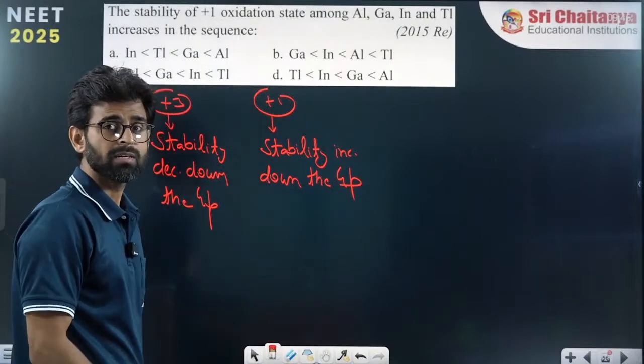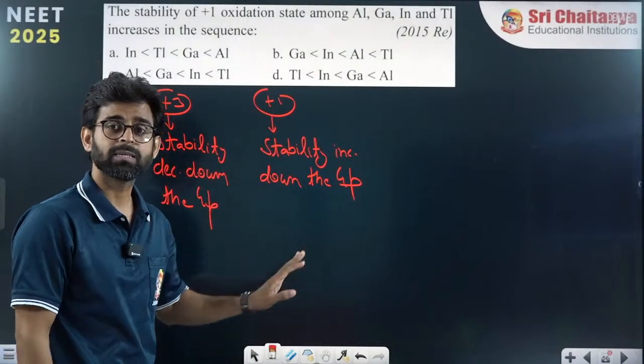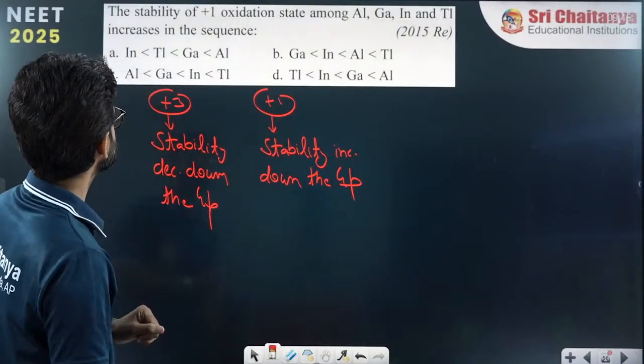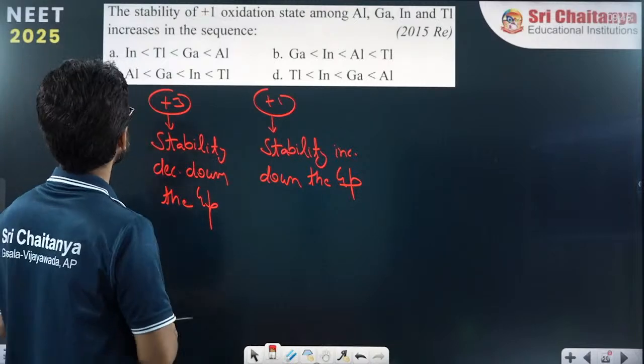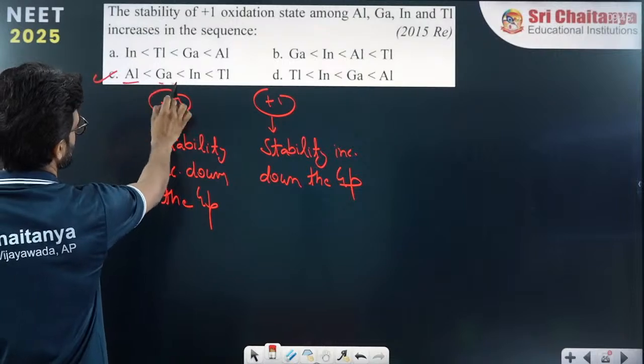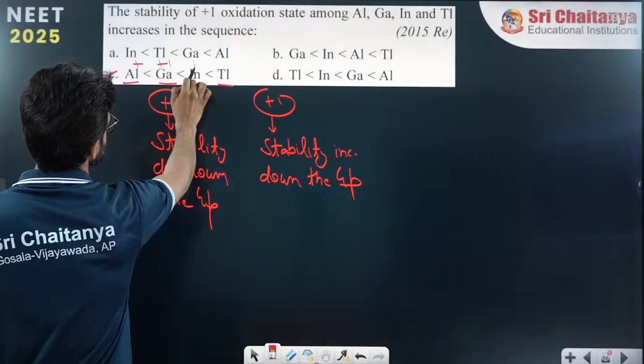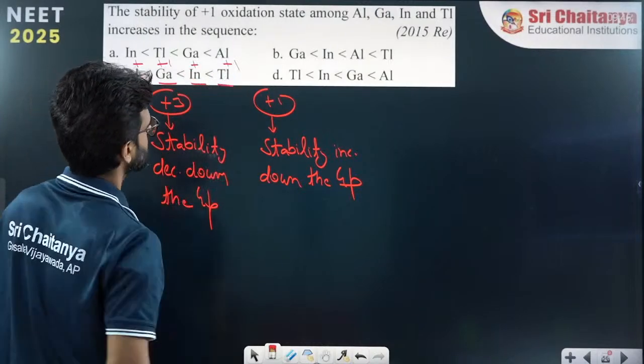Right? So we know that +1 stability should increase down the group because of the inert pair effect. So if we look at this, what do we have here? Here we are going down the group: aluminium, gallium, indium, thallium. So +1 stability will increase down the group. Okay, you can go that way.